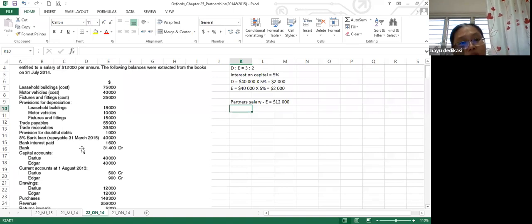Okay, here I need to highlight a bit for the bank loans. You notice that here they are repayable 31st March 2015, and you are preparing the financial year ending 31st July 2014.